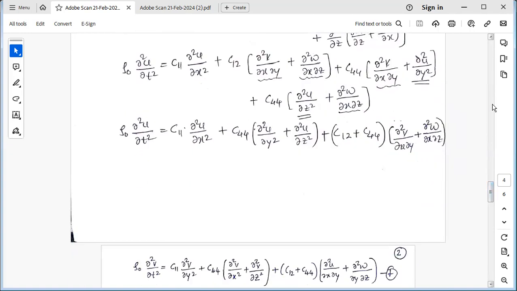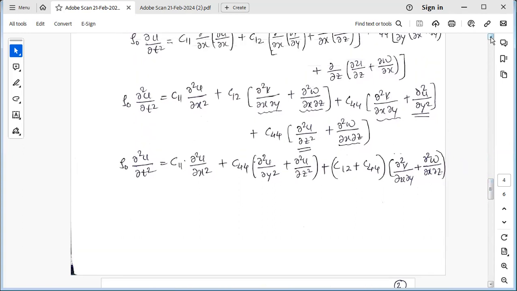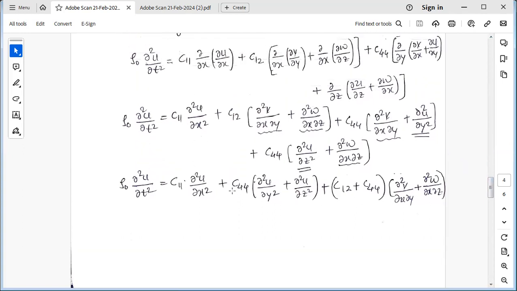So then you make some rearrangement of the terms. In this term you write as it is, and the C44 term comes 2 times, so two things are there. So this kind of thing, make the first group: dou square u by dou y square plus dou square u by dou z square.